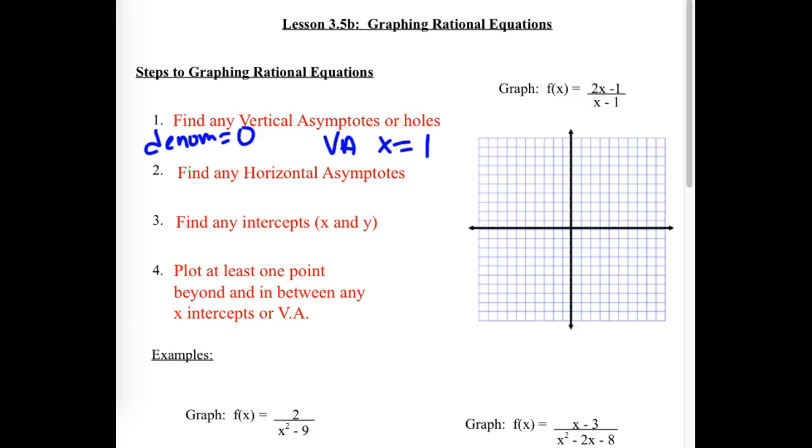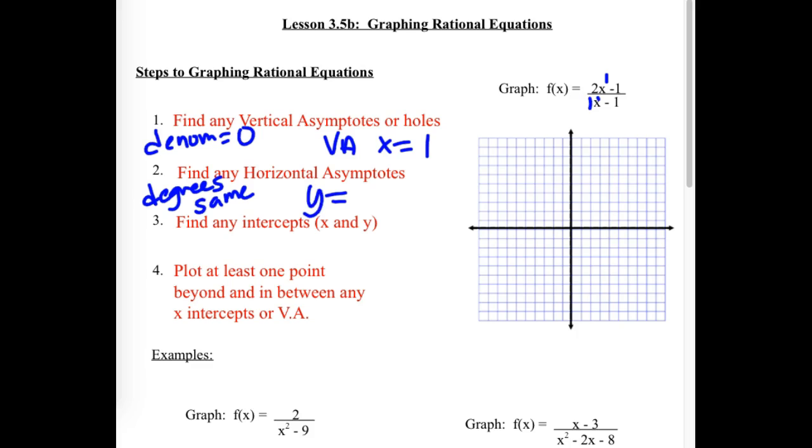Then we look at horizontal asymptotes. That's the one where we focus on the degree. What do we know about the degree? So both of them have a degree of 1, which tells me I have to look then to their leading coefficients. In this case, my leading coefficient is a 2 over a 1.